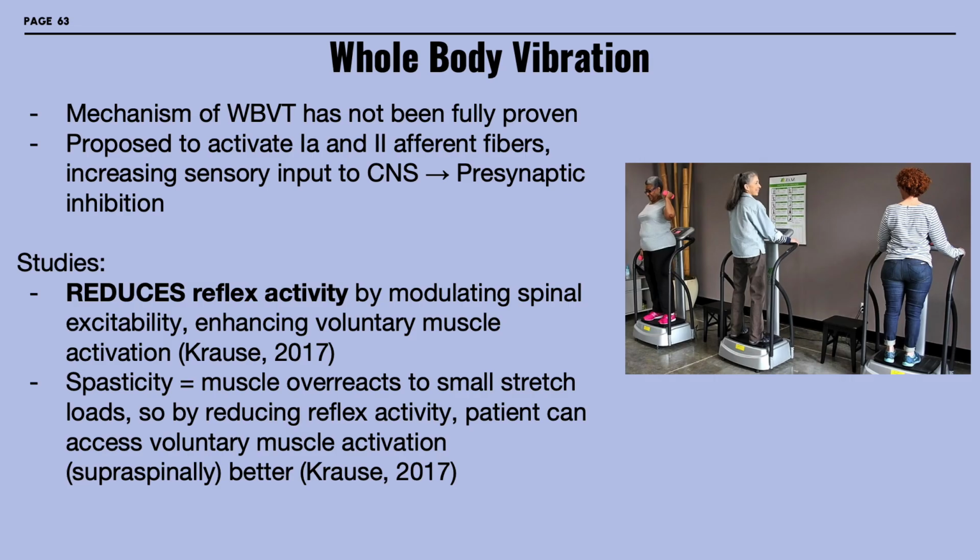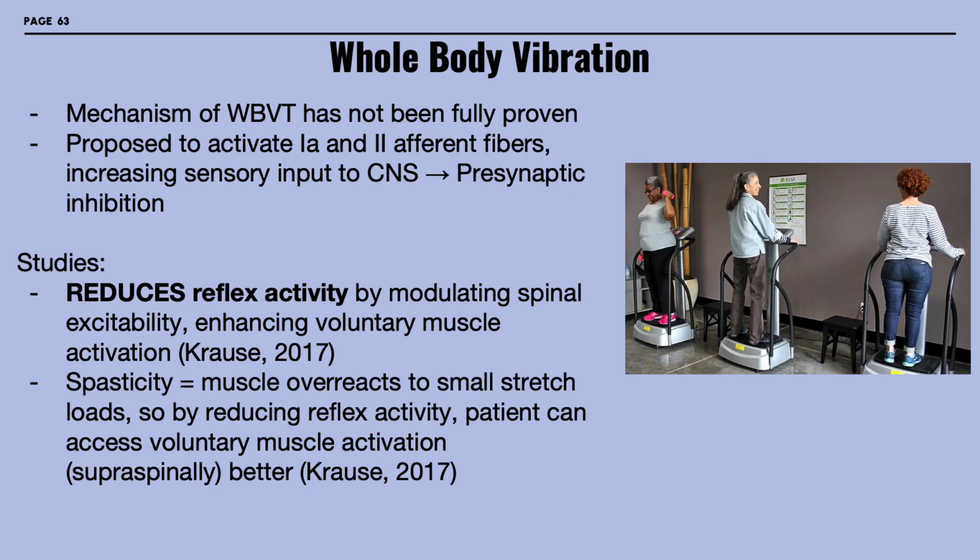Now, whole body vibration's another one that we use in the clinic. The mechanism of whole body vibration therapy has not been fully proven, but it's been proposed to activate those 1A and 2 afferent fibers we were talking about, just increasing that sensory input to the central nervous system, thought to cause some type of presynaptic inhibition, decreasing that motor neuron excitability.